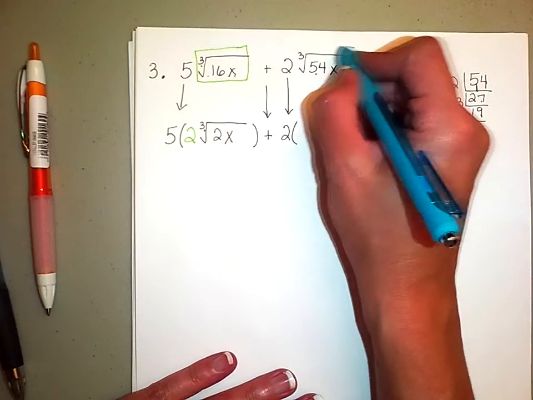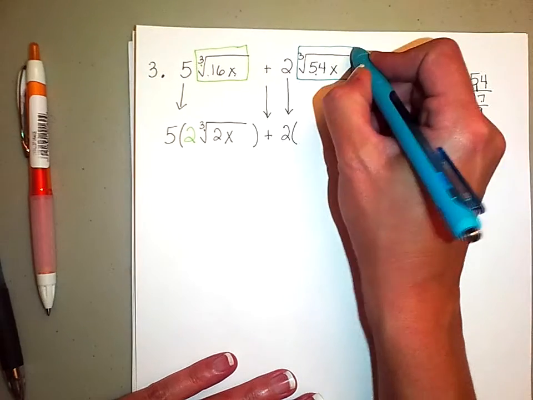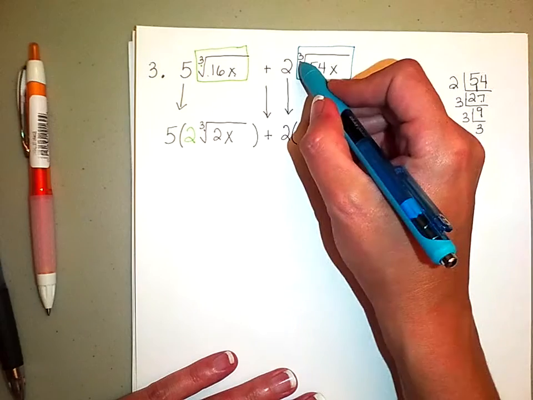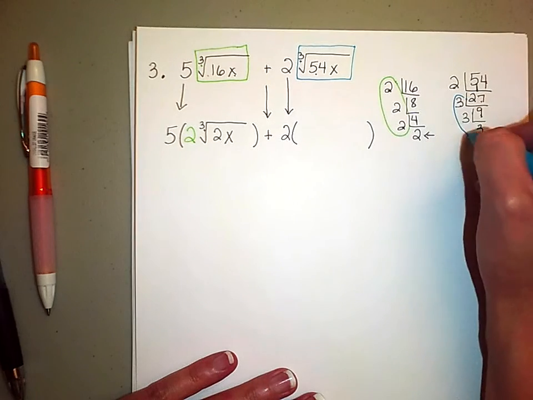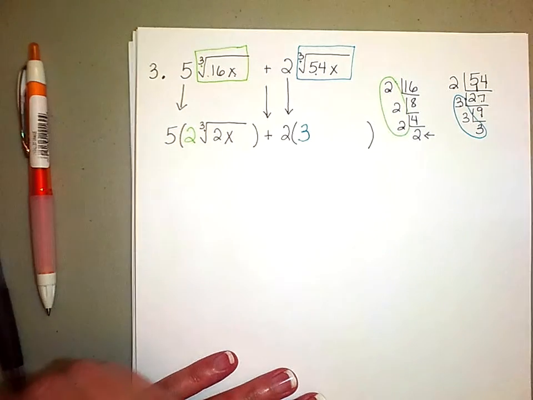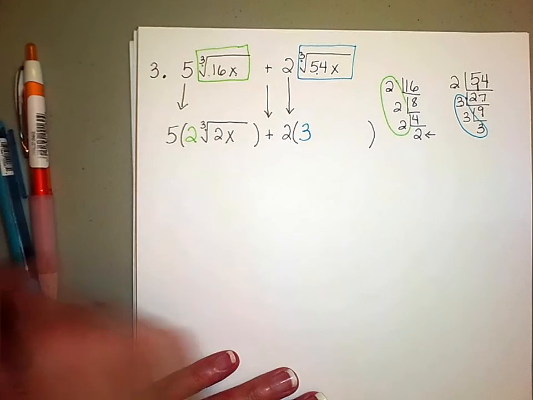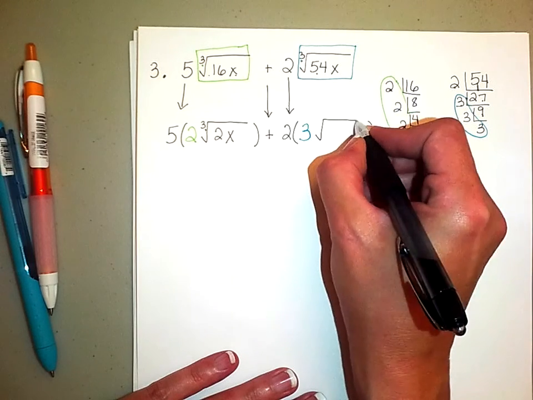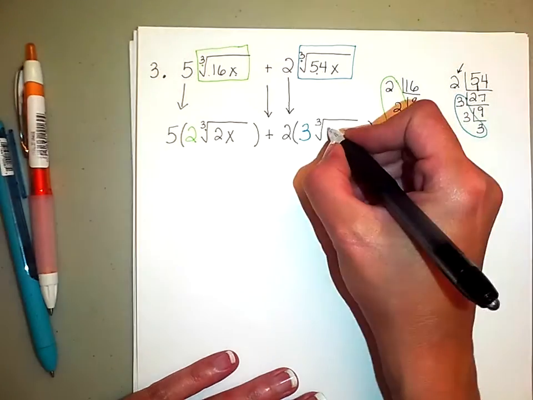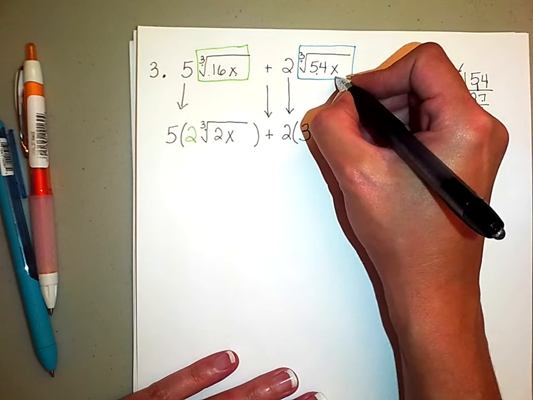So if I was to simplify the cube root of 54x, again the index is 3, I'm looking for a cube root, so here's a group of 3, that group will come out, and then I have to put everything left behind underneath. So there's a 2 that's left behind, and also this single x.